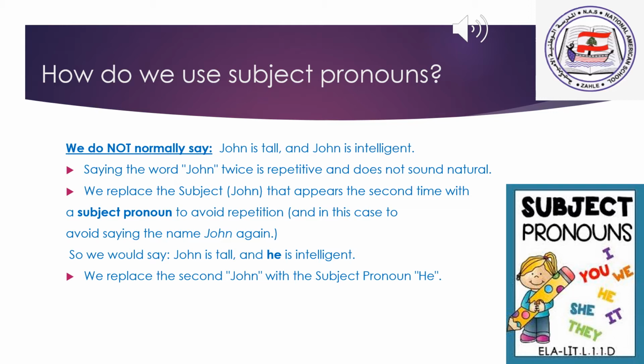We replace the subject, John, that appears the second time with a subject pronoun to avoid repetition, and in this case, to avoid saying the name John again. So, we would say, John is tall and he is intelligent. We replace the second John with the subject pronoun he, since it's referring to John.